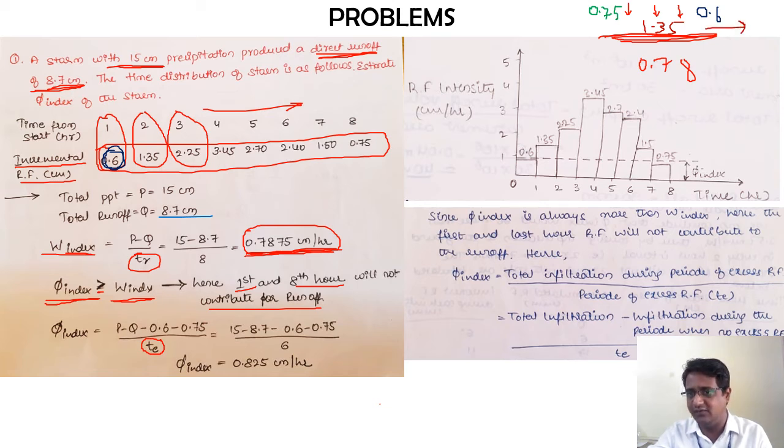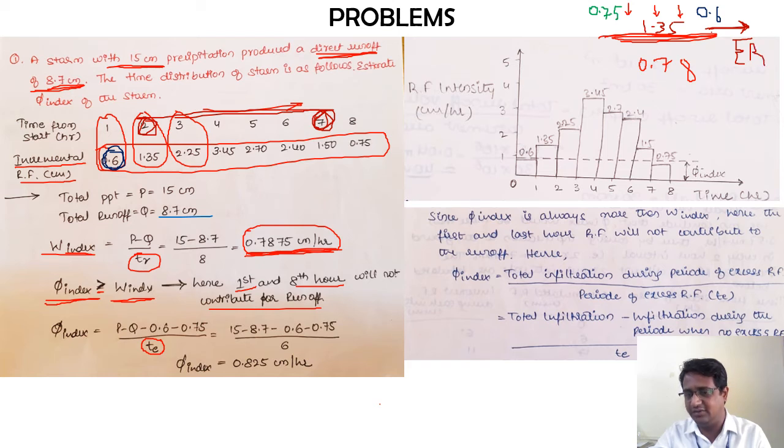So what I intend to say is, from the hour 2 to the hour 7, we have the rainfall, and because of that rainfall the runoff is being generated. And whenever the runoff is being generated, that rainfall you call excess rainfall.